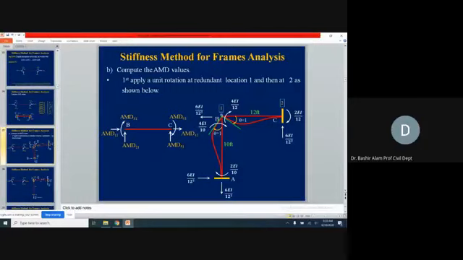AMD41, it was rightward, so here it is going to be leftward, so this will become minus 6EI over 12 square. AMD51, it is plus 6EI over 12 square. AMD61, it is 2EI over 12. So first column of the AMD matrix is formed. And again, remember, it is the same sketch which we used for the generation of the first column of the stiffness matrix.